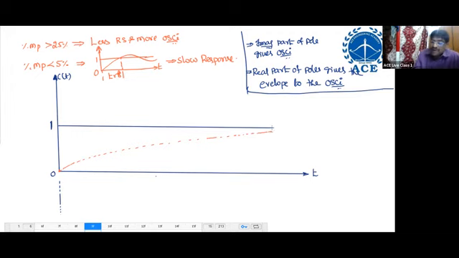Fold with respect to one. Ideally, we'll take one. Come on, draw it.